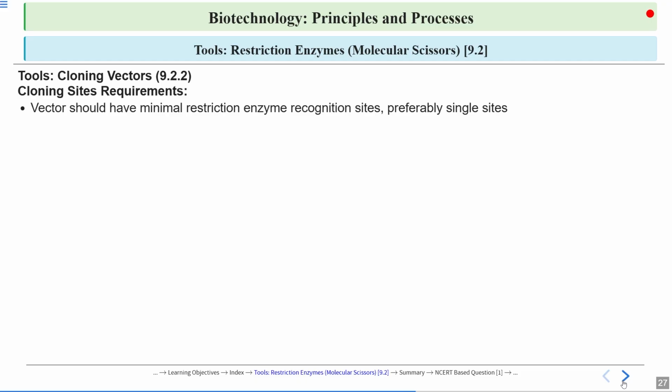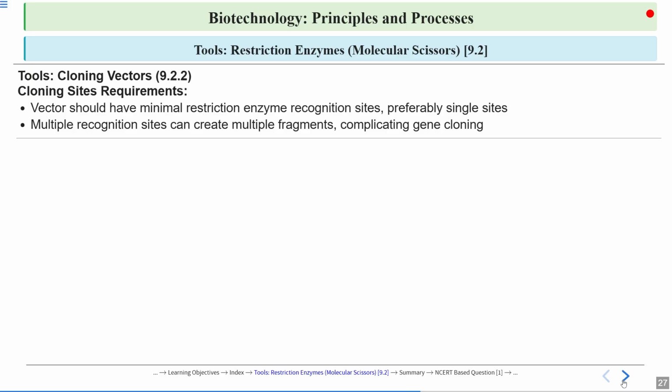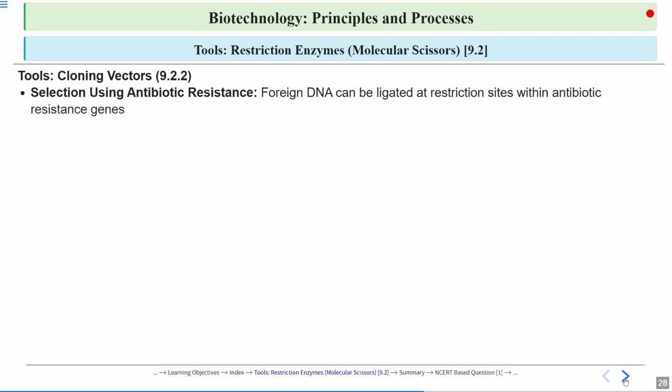Now, as I have already told, the vector should have a minimum of restriction enzyme recognition sites, preferably only a single site, so multiple recognition sites cannot create multiple fragments. You have to understand this topic a little more, because it is important.